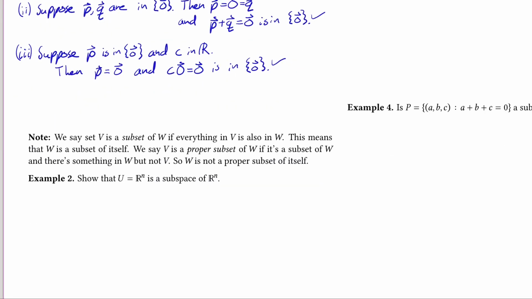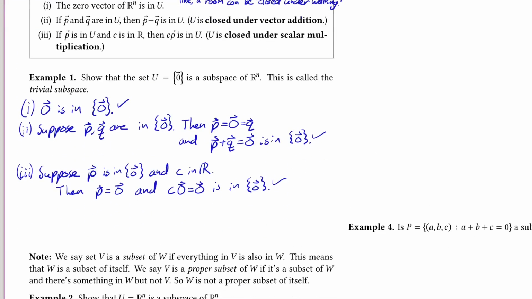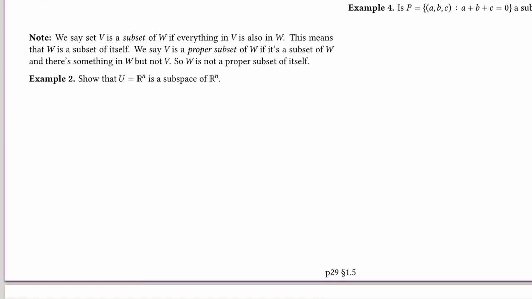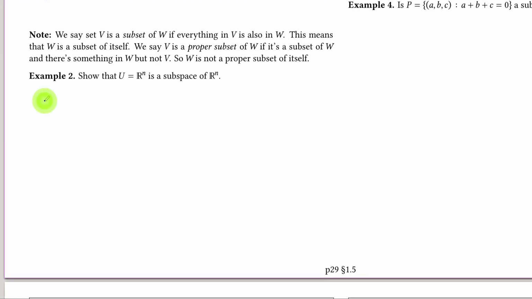So we can say that U equals Rn is a subset of Rn because everything in U is also in Rn. So it's like the biggest possible subset. Okay, so we want to show that it meets the three conditions, and this is really straightforward because 0 is in U, is in Rn, right?